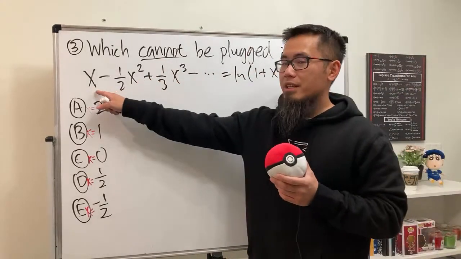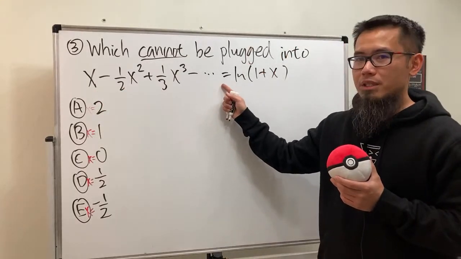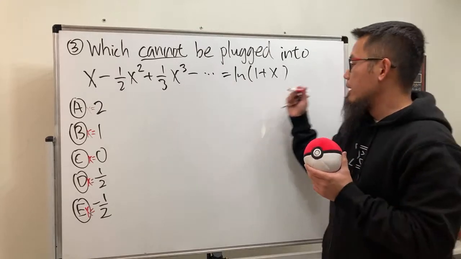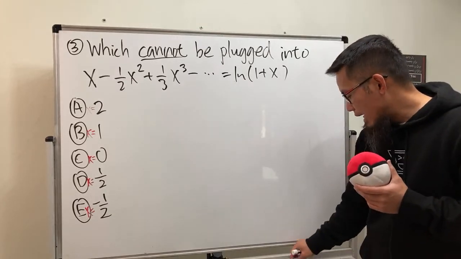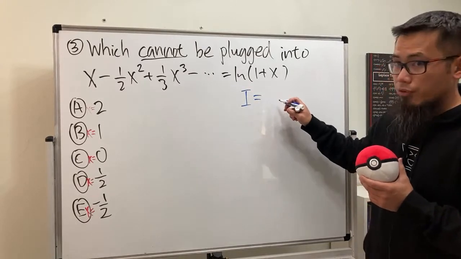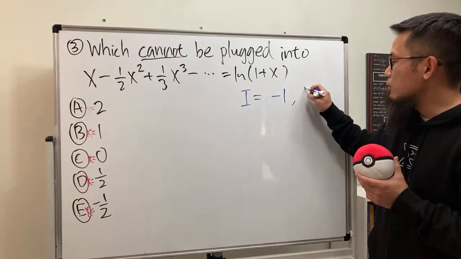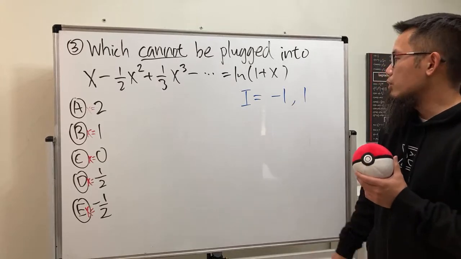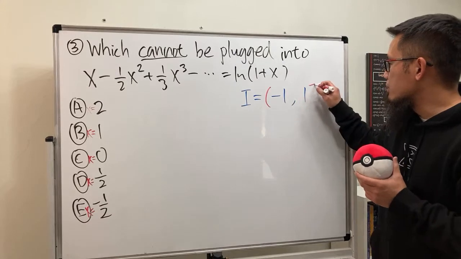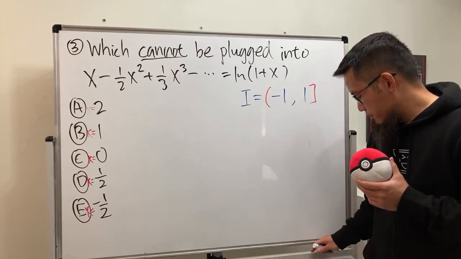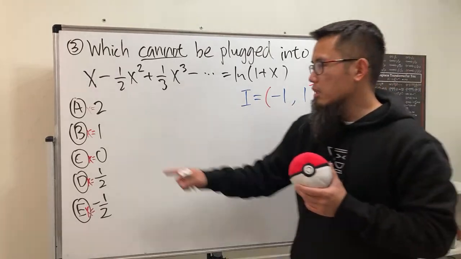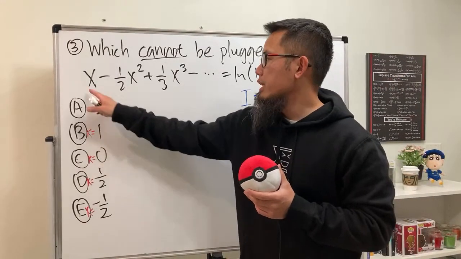Well, keep in mind, this right here is the power series for ln of 1 plus x. You have to remember that the interval of convergence is going from -1 to 1, and you do not include the -1, but you do include +1. This is the key, because it looks totally okay to put 2 into this.